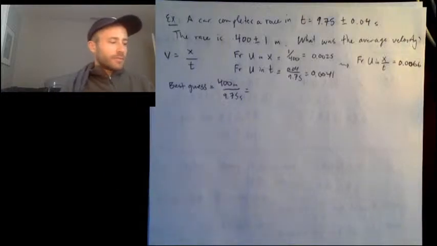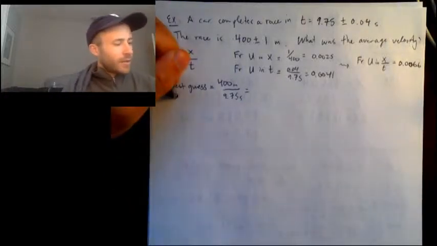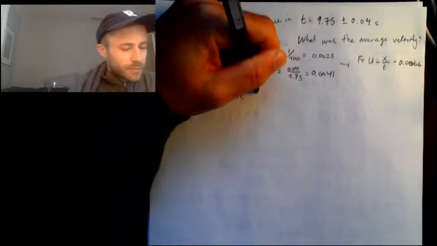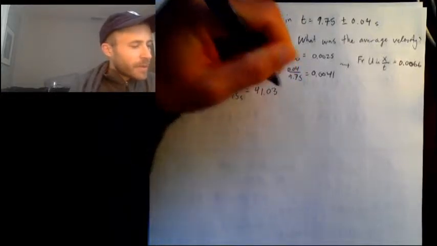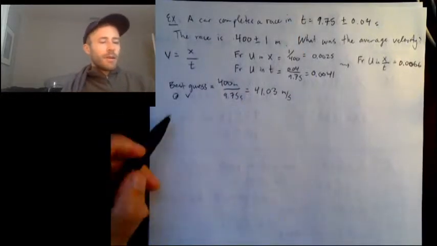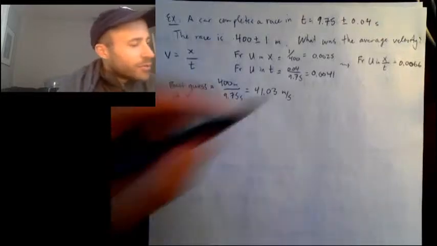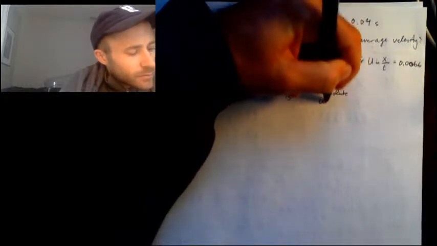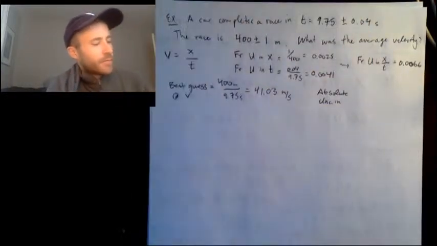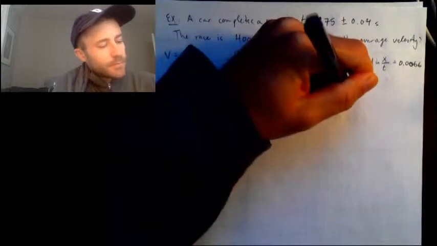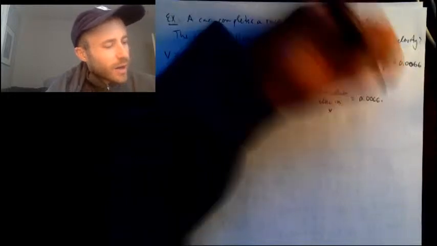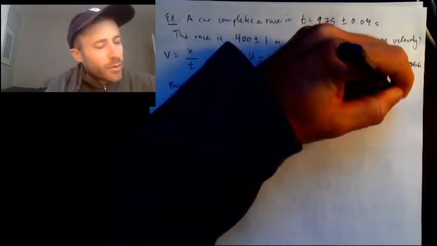So our best guess at the velocity, 400 divided by 9.75, is 41.02 or 41.03 meters per second. So now we need to get our absolute uncertainty in velocity. And so that's going to be 0.0066 times 41.03.